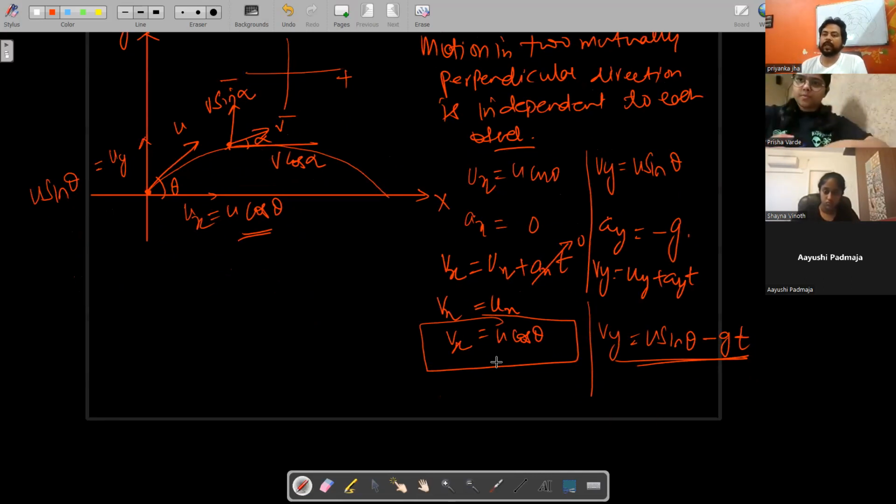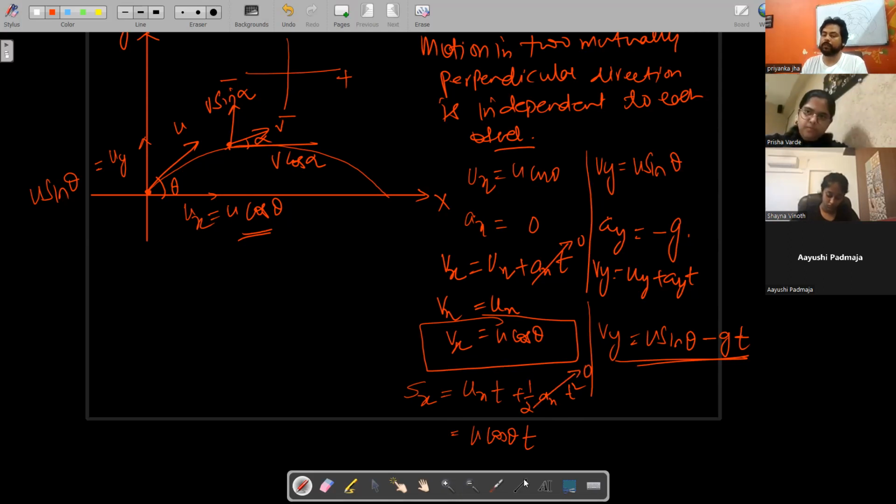We can also find displacement at a certain time along x-axis and y-axis. So Sx we can write as ux t plus half ax t squared. So ux is u cos theta, into t, and there is no contribution of this term because ax is 0.